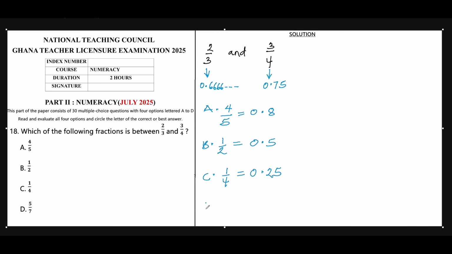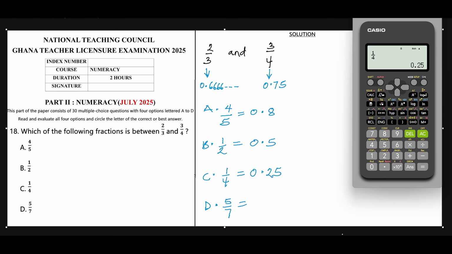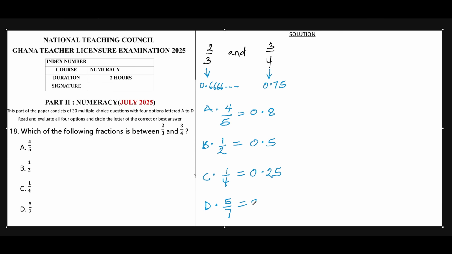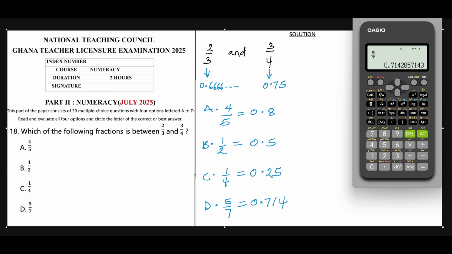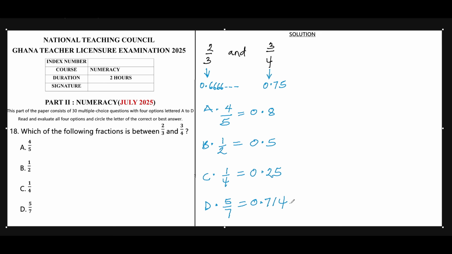Then the last one, D. We have 5 on 7. Let's see the decimal. 5 on 7 gives 0.7142, and this goes to infinity.